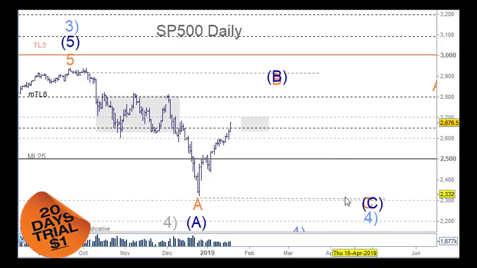The other point is then counting the wave structure to the upside here. So at this stage here, the move up through here doesn't count as a corrective wave to the upside. So it doesn't count as three waves to the upside as an A and a B and a C to the 61.8%. It's more likely we can see that we've got 1 and 2 here and 3 here and 4 here, and then coming in for 5 into the 2700 area.